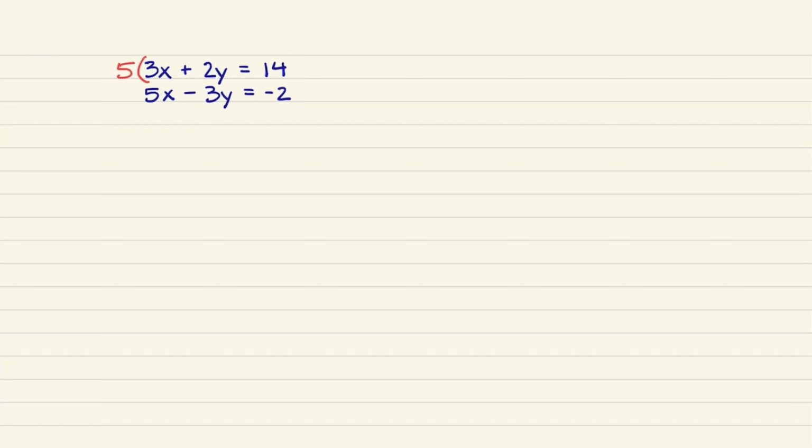So 5 and 3. And that will get me 15x for both equations so that I can cancel out the x values. So the top one, we get 15x plus 10y equals 70. And the bottom one is 15x minus 9y equals negative 6.